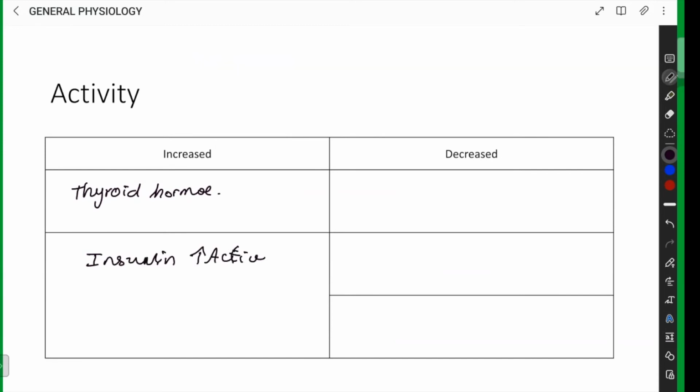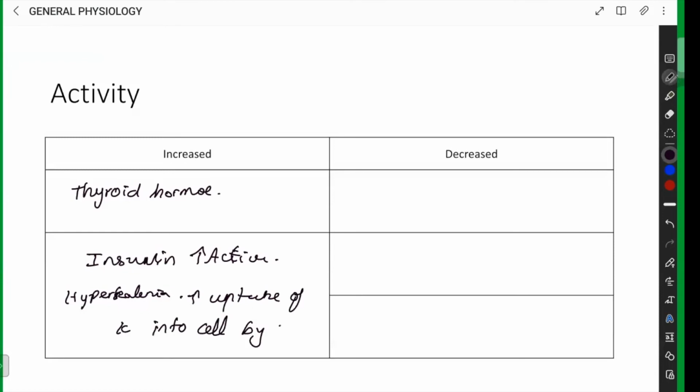For example, in hyperkalemia, it helps in reuptake of potassium into the cell by increased activity of sodium potassium ATPase.